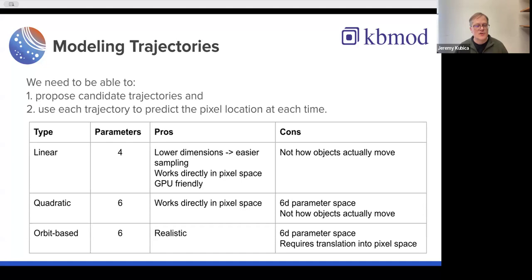This turns out, for short periods of time, or when accounting for the Earth's motion, which we'll talk about later, linear works well enough to find initial trajectories. This linear approach also tends to be very GPU friendly.